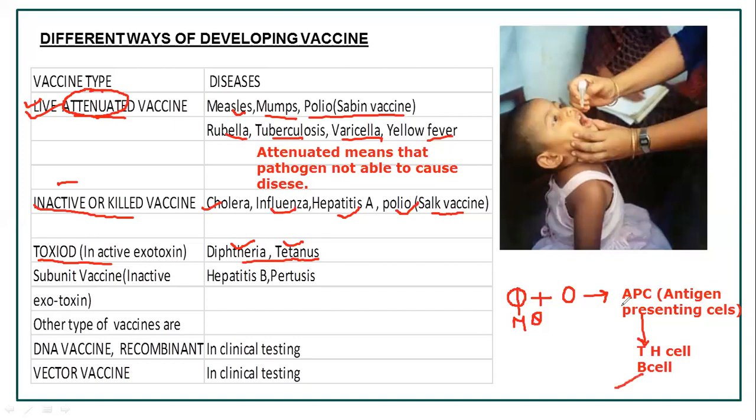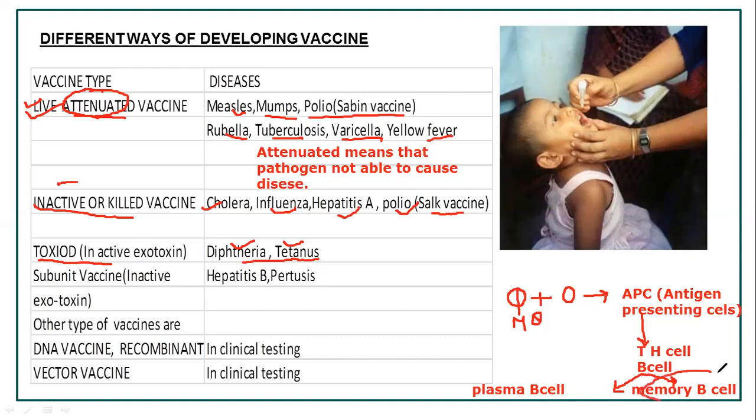Plasma B cells produce antibodies, and memory B cells keep up the memory response for the infection.